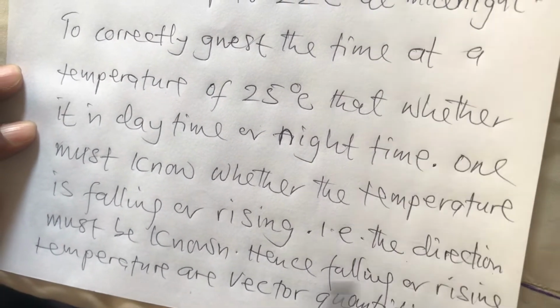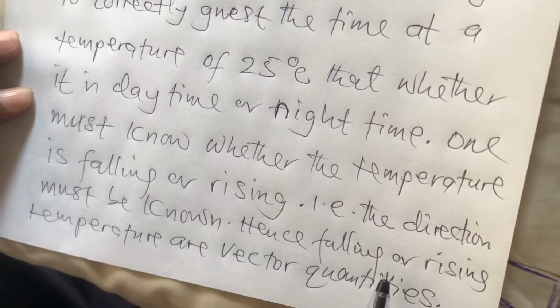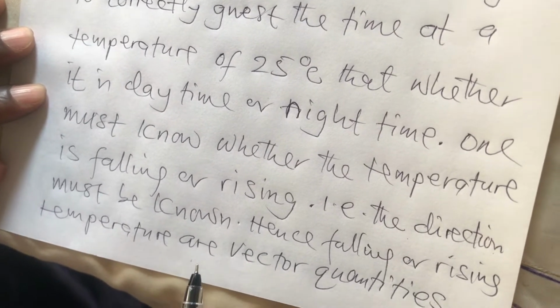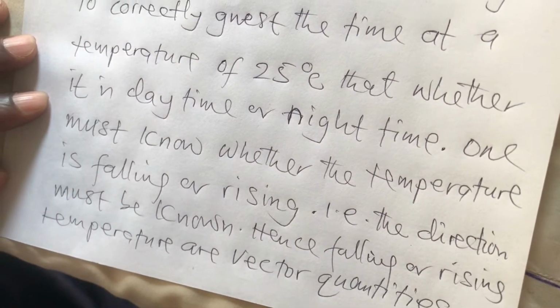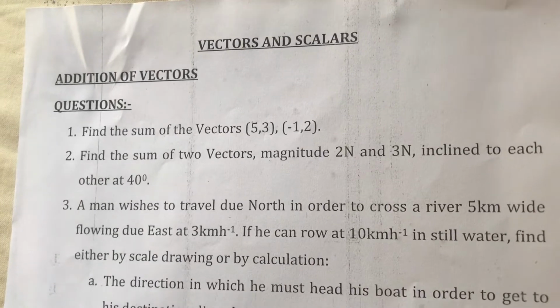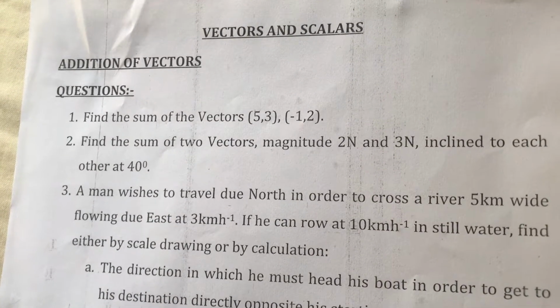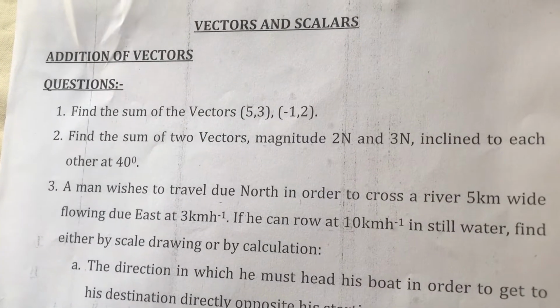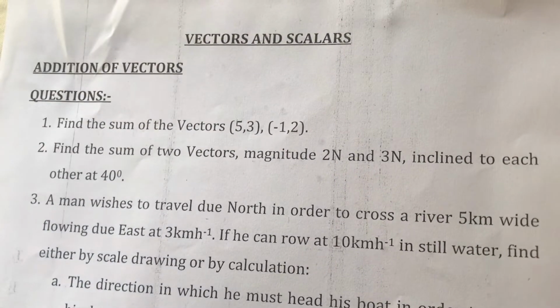That is, the direction must be known. Hence, falling or rising temperatures are vector quantities. Vectors are generally added geometrically. Example, e.g., addition of vectors.